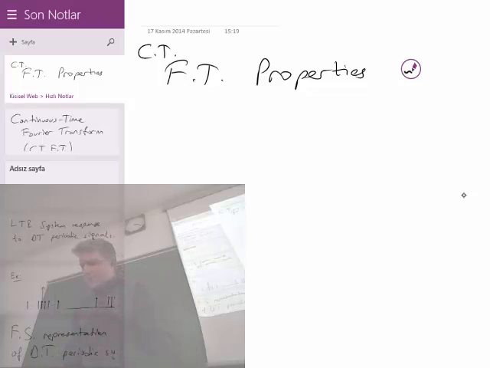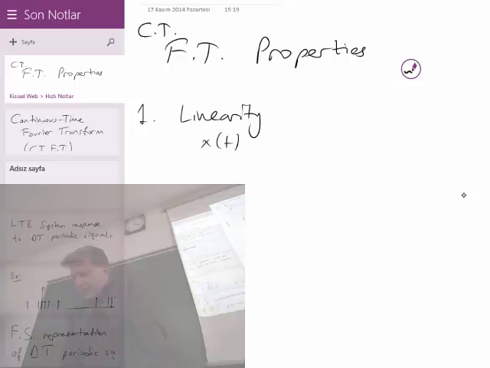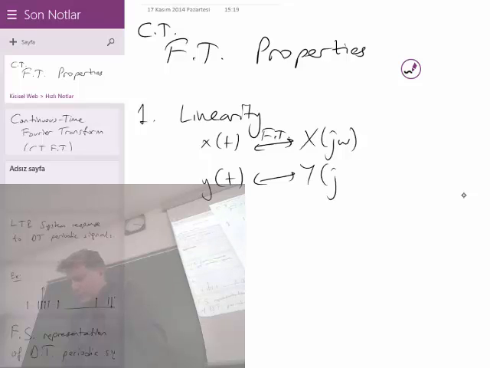And what are those properties? We will cover them one by one, and then we will see examples about how you can really use them. The first property is quite an obvious one, that is linearity. The property says that if the Fourier transform of x of t is X of j omega, and the Fourier transform of y of t is Y of j omega, and by the way, these double-sided arrows usually correspond to the Fourier transform pair.